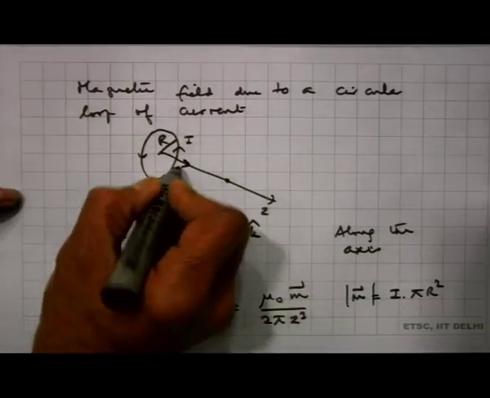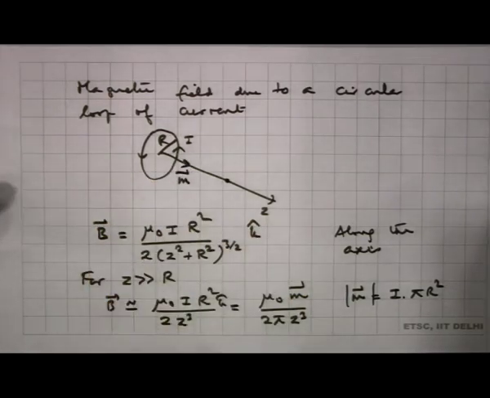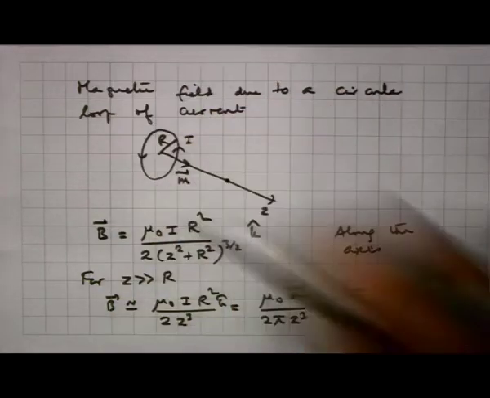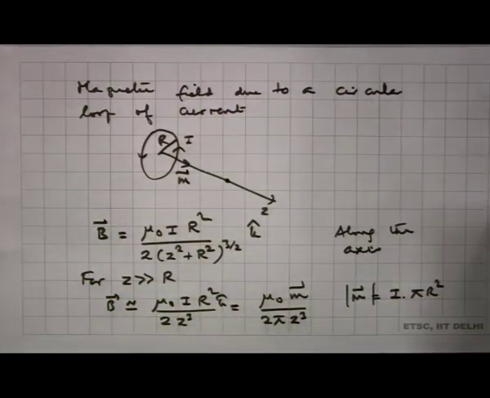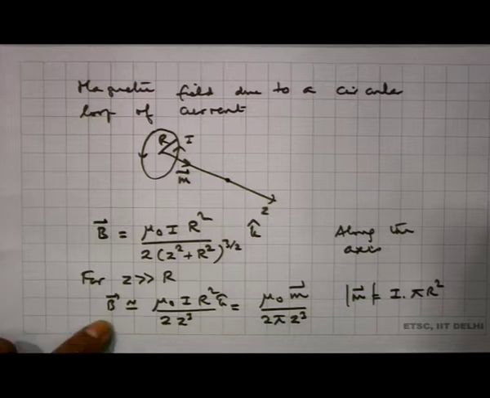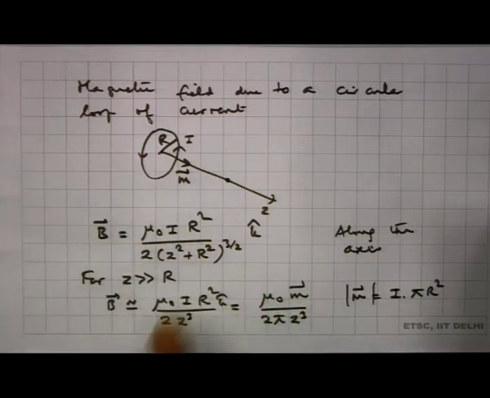So, the current is passing like this, and the dipole moment is oriented in this direction. As you can see, along the axis the magnetic field is parallel to the dipole moment, and it decreases as 1 by distance cube from the center of the coil.